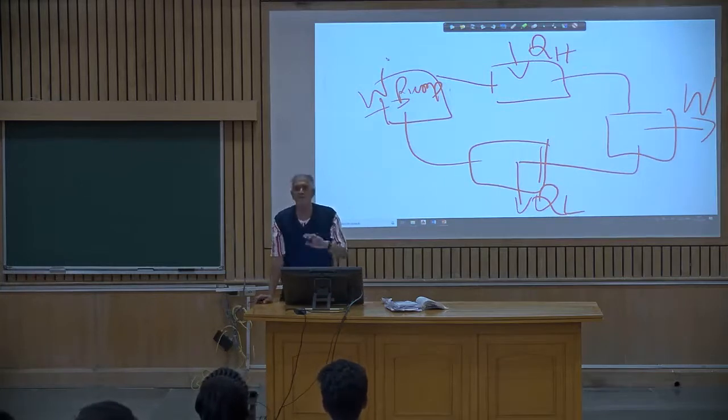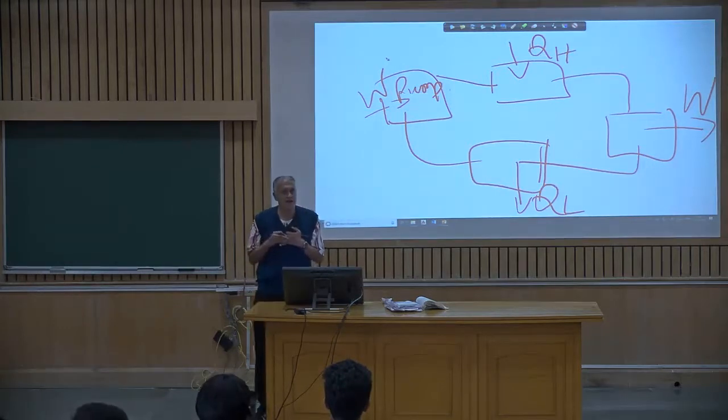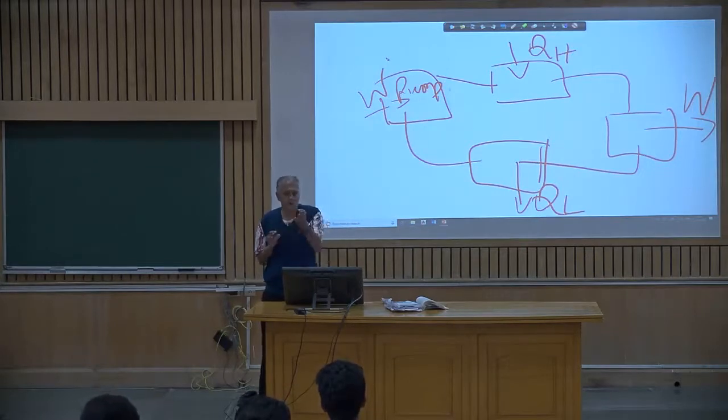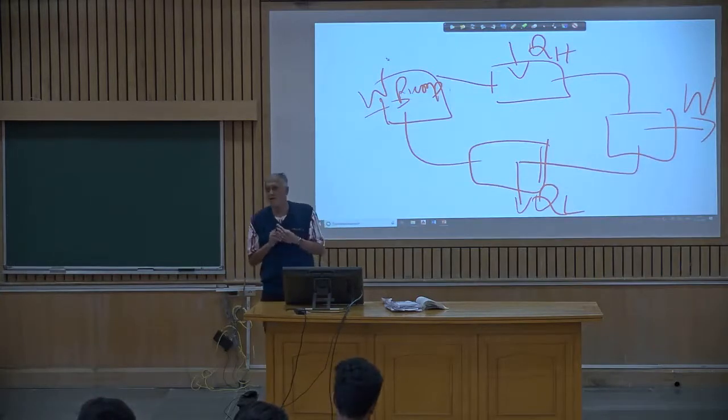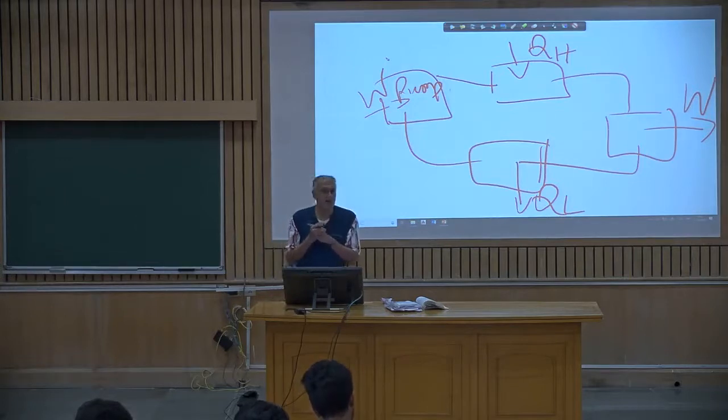Now can you nicely write what is the efficiency of this engine? Output divided by input. I already told you it is a heat engine. What are you supplying? Heat. So what is the denominator? Input. Write it, man. Efficiency, output by input.